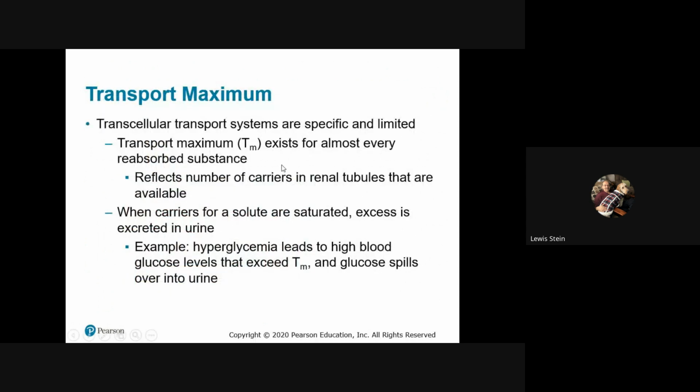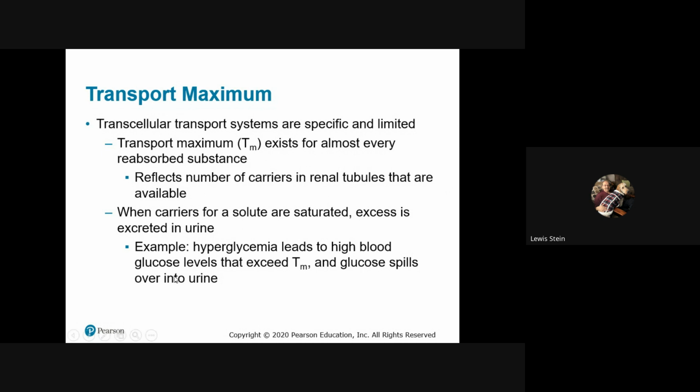Okay. Transport maximums. You heard it. You guys are going to hear it again in diabetes. The single most important thing I can tell you are transport maximums. So when you overload these carriers, they lose efficiency. Once you overload them, they can't move anything else.